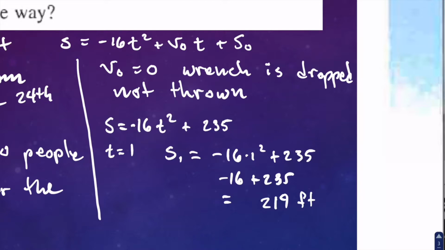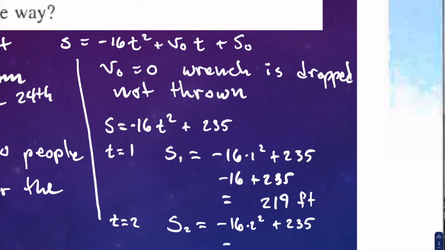After 2 seconds, let's see what happens at t equals 2. Now we're talking about the height at 2. We're saying negative 16 times 2 squared plus 235.